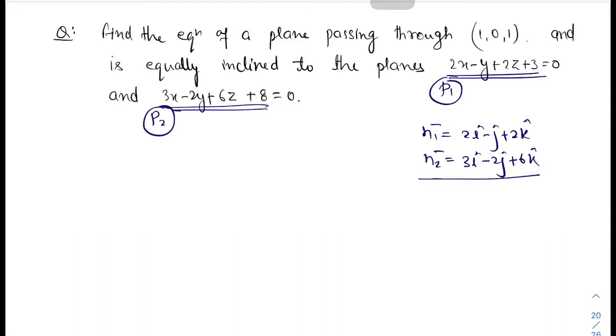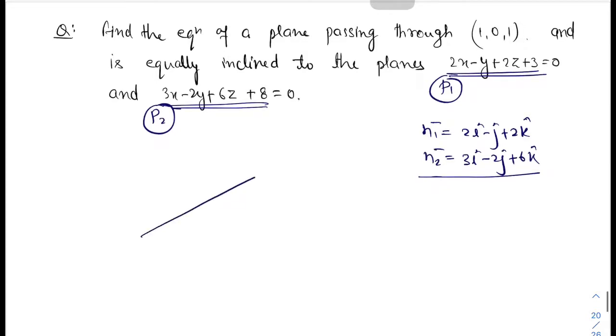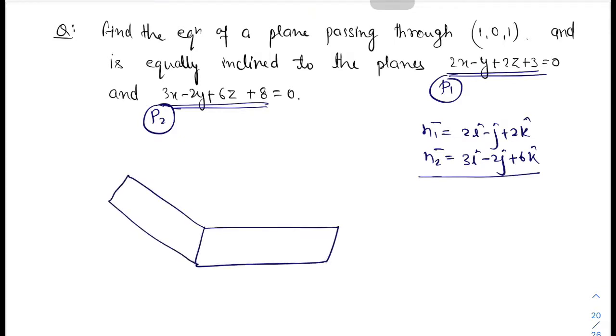Fine, so let us draw some rough diagram. This is one plane, and let me draw it like this. This is plane P1, this is plane P2. Obviously P2 is extending in the other direction also. This line of intersection is not containing this point. Why is it advisable to check this?